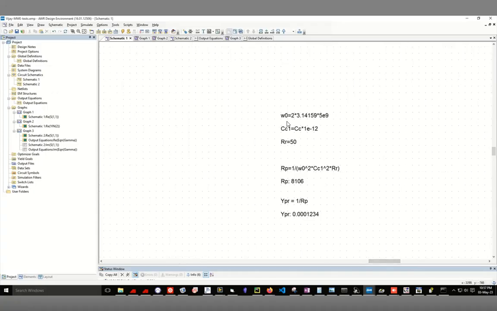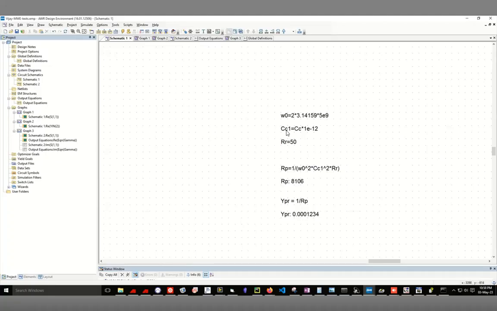So I just again defined these quantities, omega naught as 2 pi f. Here I've actually used the exact resonant frequency, which is not 5, it's very close to 5, but I could have just defined this as 1 over square root of LC as well.